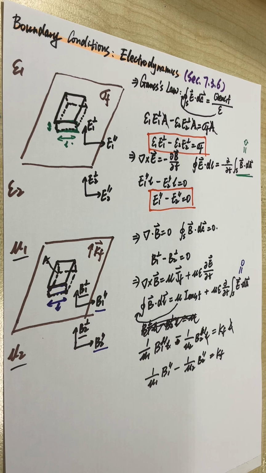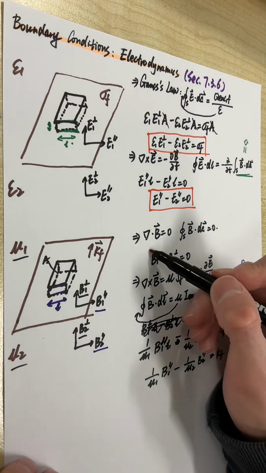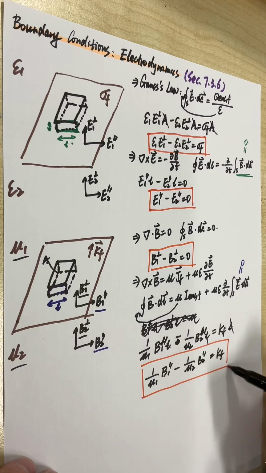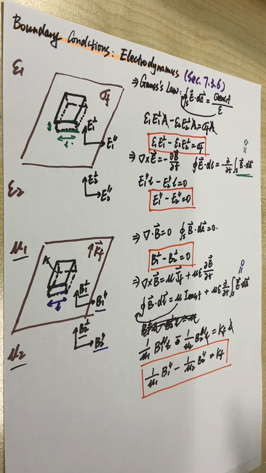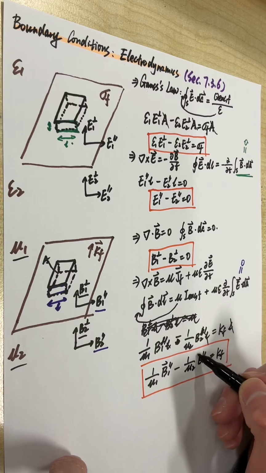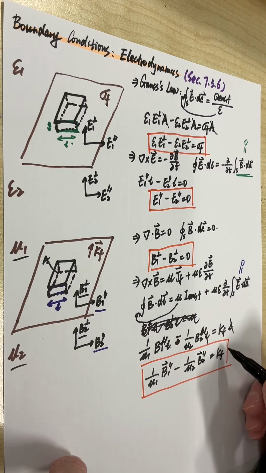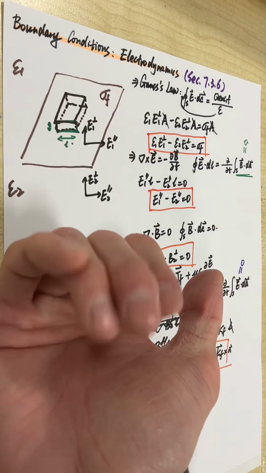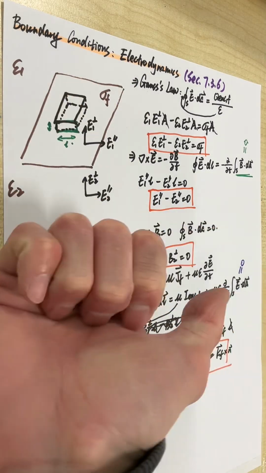So I have two more boundary conditions. If we write this in vector form, then we have k cross n again. So k, and then cross n, we have the parallel component.